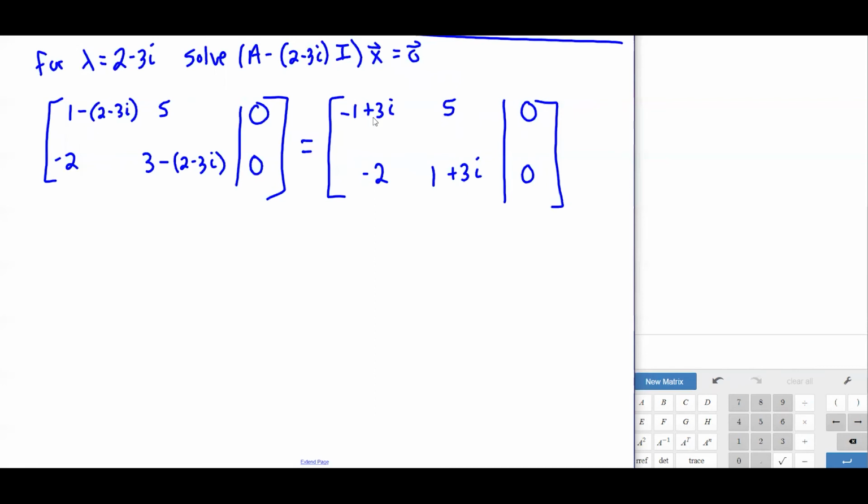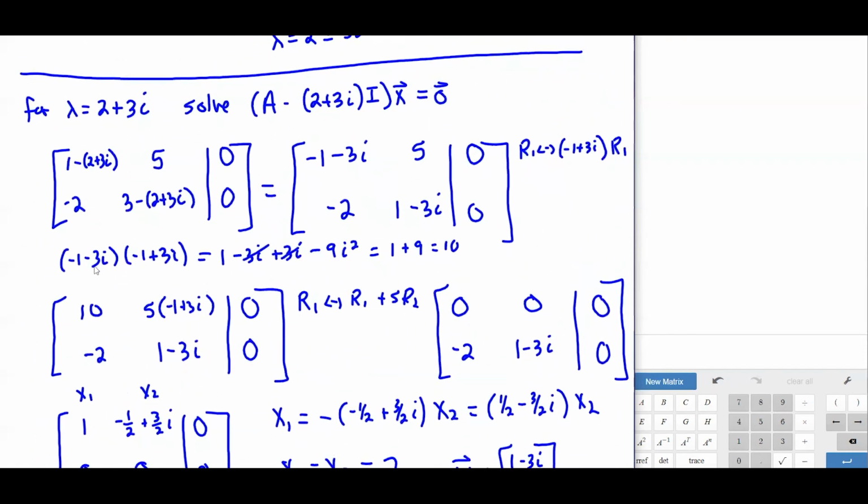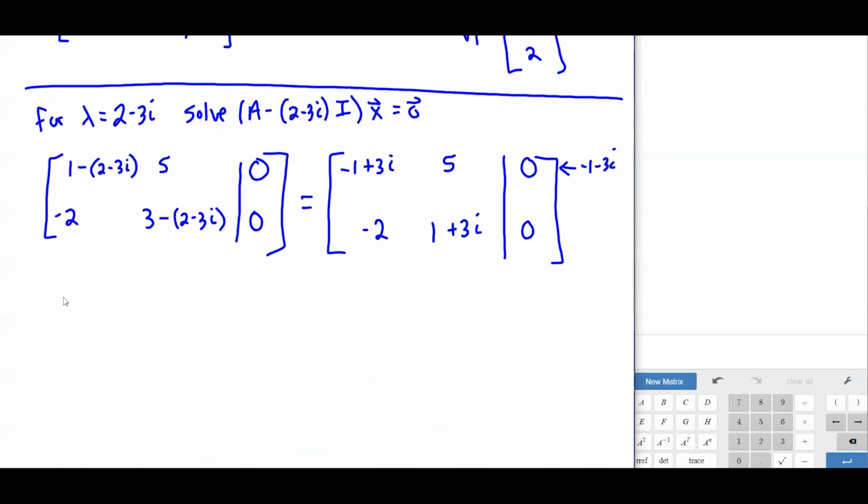Let's make this a real number. Going to multiply by the conjugate. So negative 1 minus 3i. I already know what that is because we multiplied that here together, right? Negative 1 minus 3i times negative 1 plus 3i is 10. So if I multiply these, I'm going to get 10, and I'll get 5 times negative 1 minus 3i.